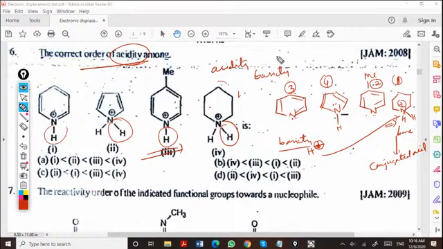But the thing is, when a base is strong, the conjugate acid which is forming will be weak. So if the basicity is more, the acidity will be less. So if you need to find the more acidic one, you need to find the least basic one.